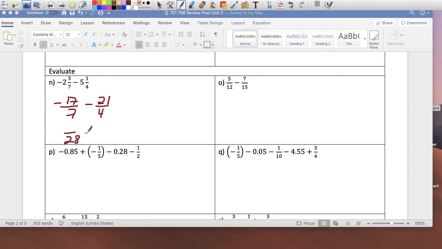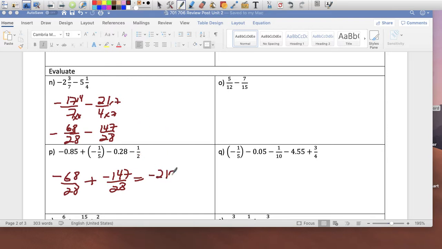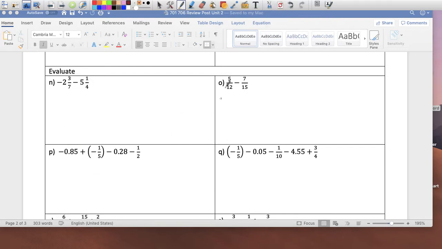So that's times 4, which is 68, and this is times 7, which is 147. This is negative 68 over 28, right? And then subtraction becomes plus, and this becomes negative 147 over 28. So that's going to become negative 215 over 28.